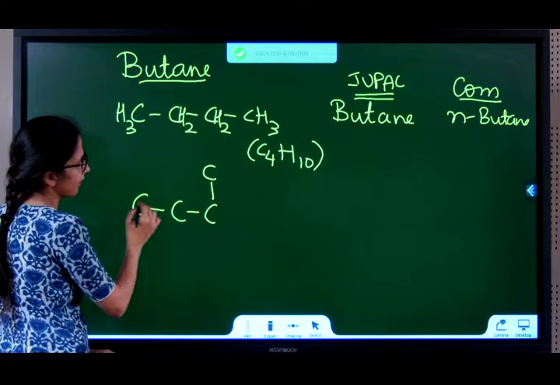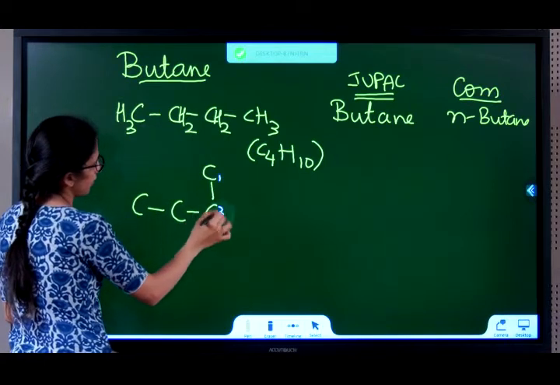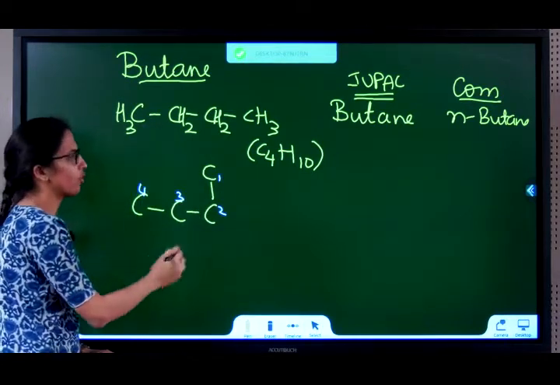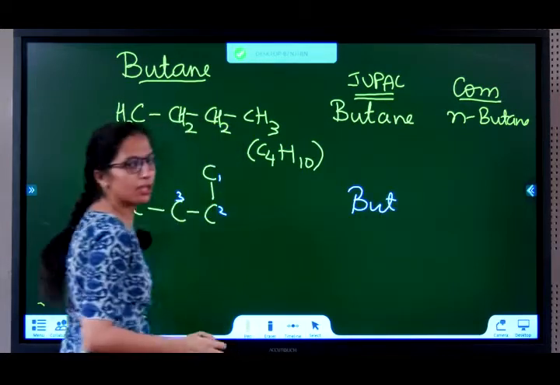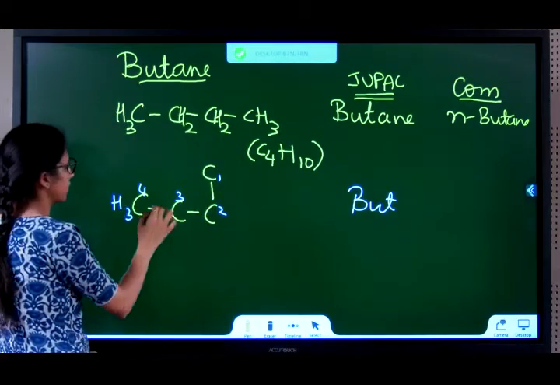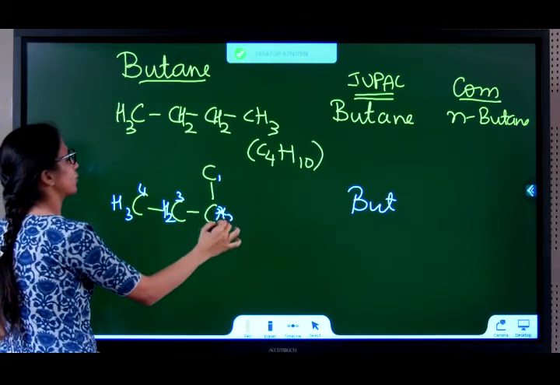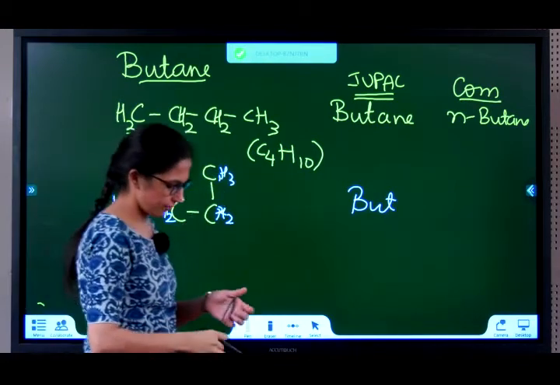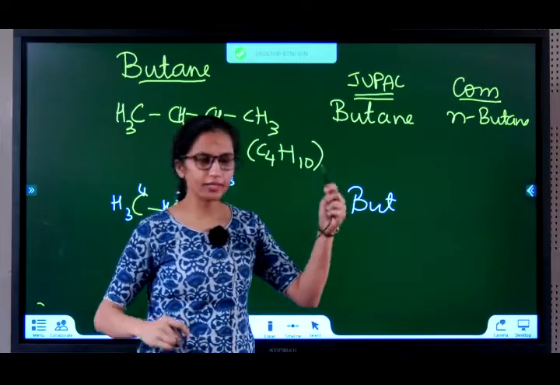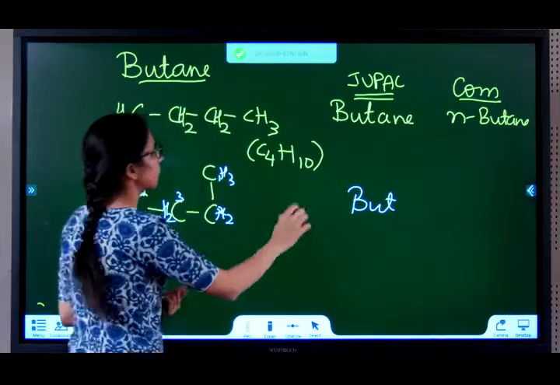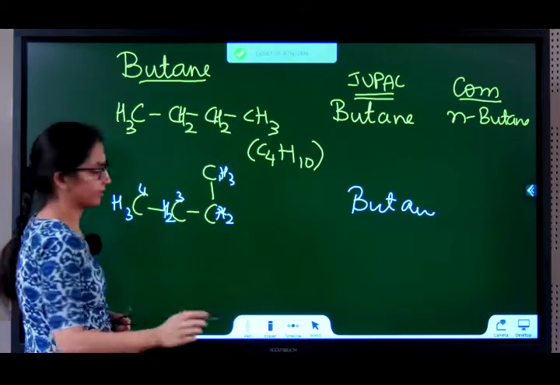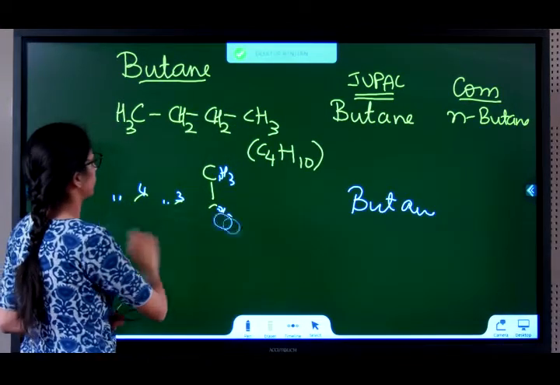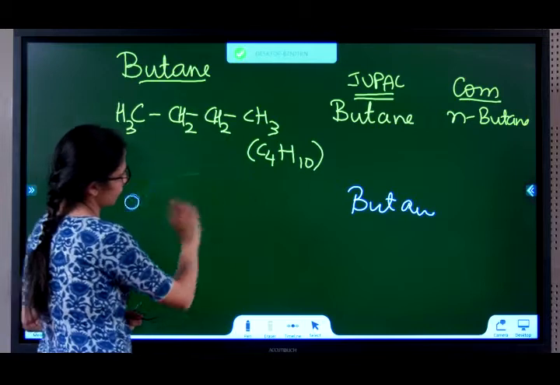Select the longest carbon chain possible. This is 1, 2, 3, 4. Longest is 4, so it gets the word but itself. Or put the H's, it's the same. You can check, it's ditto. The only difference is it's bent up. We've not done anything else. It is butane only. So this compound is the same as this. No change.